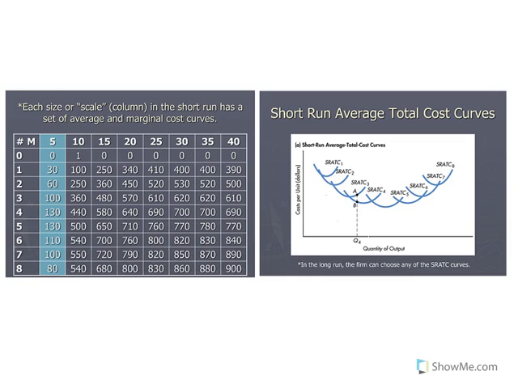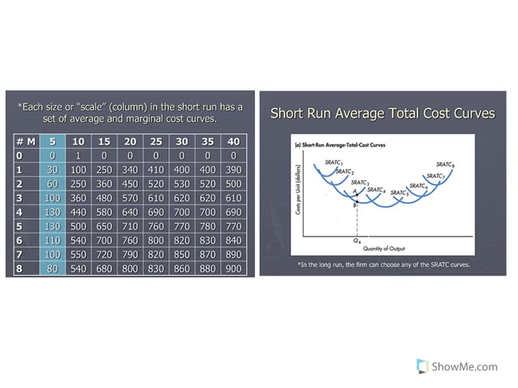And so again, what I'm seeing is that I have a different set of cost functions for every size of the firm. And so if I'm in the long run planning phase for the firm, I can compare all of these different cost functions side by side to see which one ultimately gives me the lowest cost per unit.